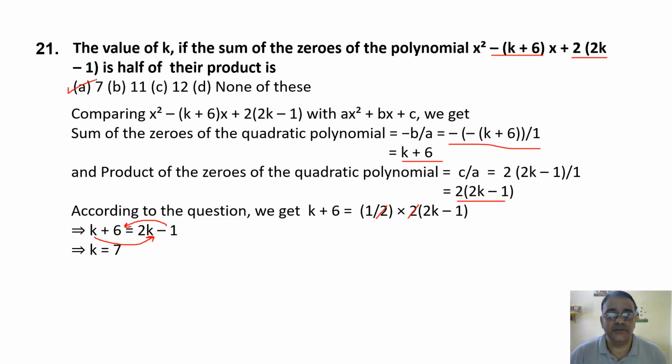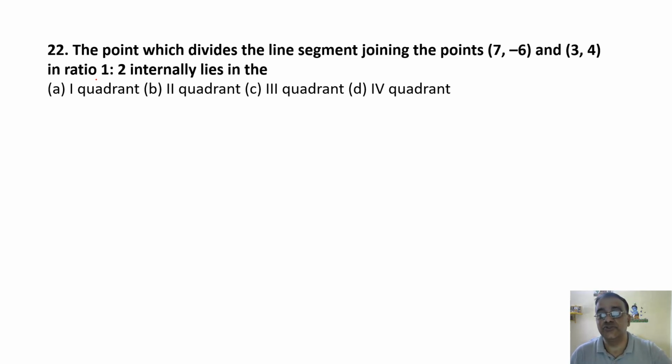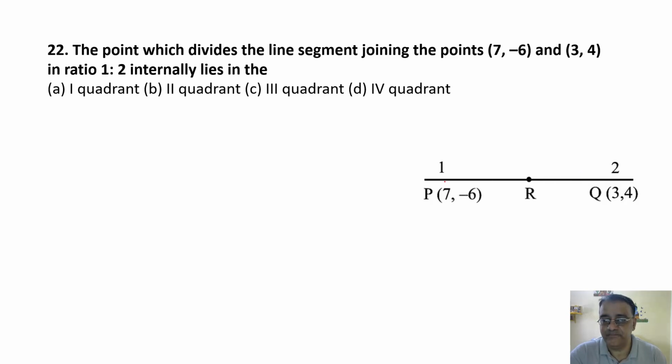Now we are moving toward question number 22. The point which divides the line segment joining the points (7, minus 6) and (3, 4) in the ratio 1:2 internally lies in the dash quadrant. So first we will draw one rough diagram, and the ratio is given 1:2. Okay, so we'll find the coordinates of point R, this point. So start कर रहे हैं हम लोग. So (1 into 3 plus 7 into 2) upon (1 plus 2).